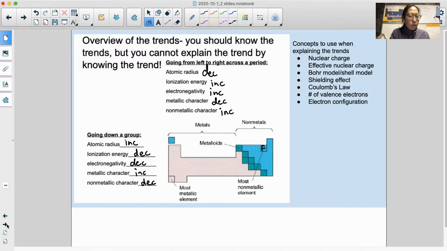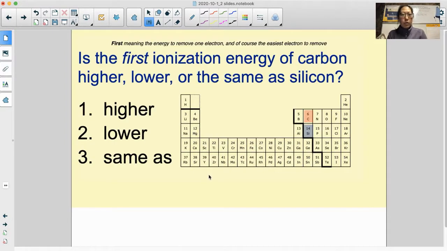All right, so a couple of questions. First, ionization energy of carbon, higher, lower, the same as silicon. So we're going down the group here. And in a group, the ionization energy decreases.